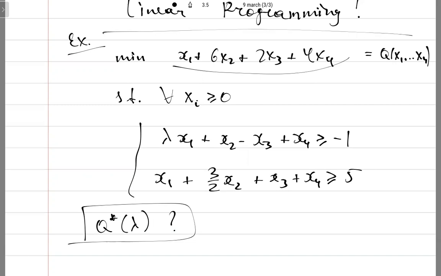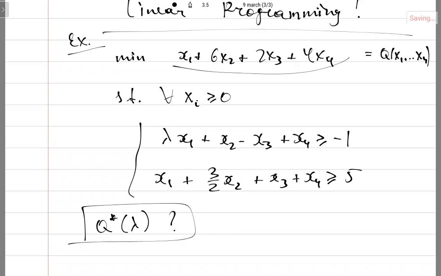Yes, to find the minimal value as a function of lambda. Yeah, the goal is to find the optimal value as a function of the parameter. So for every possible value of the parameter lambda, we should find the best possible value.